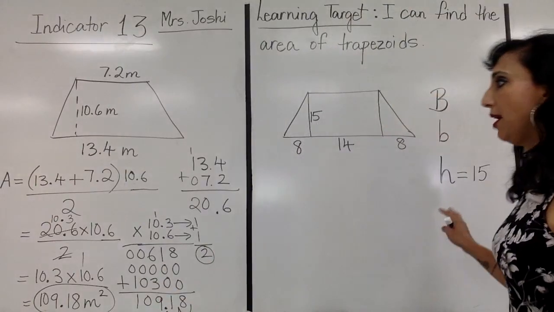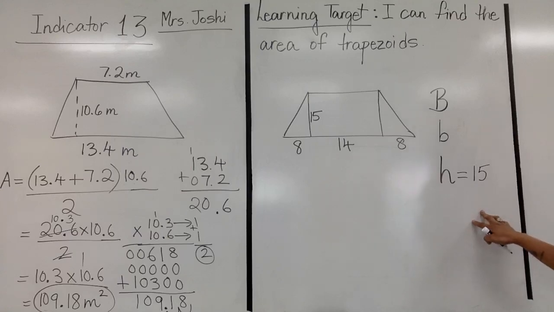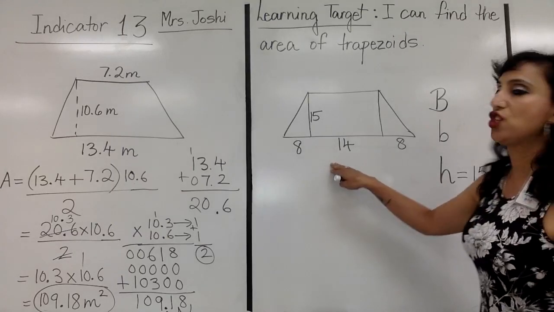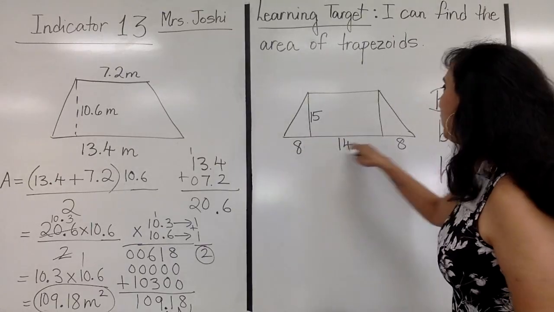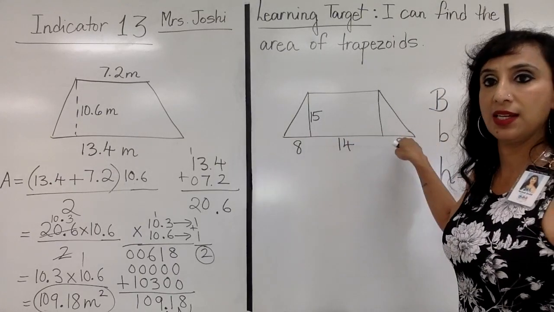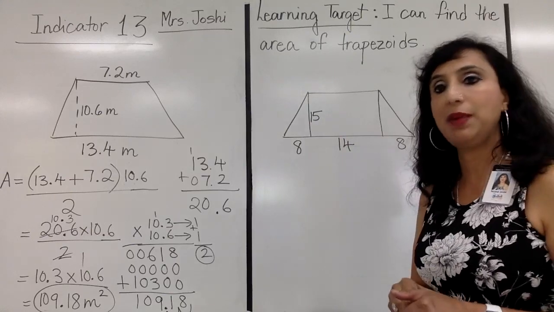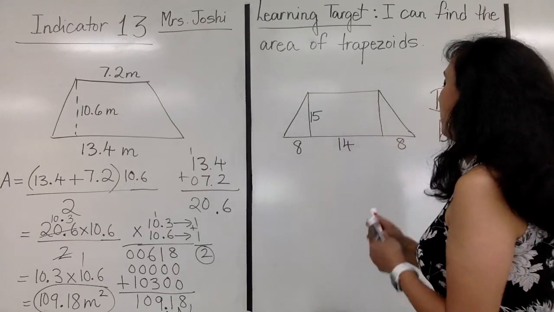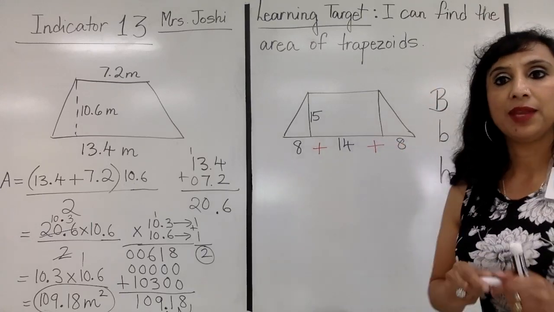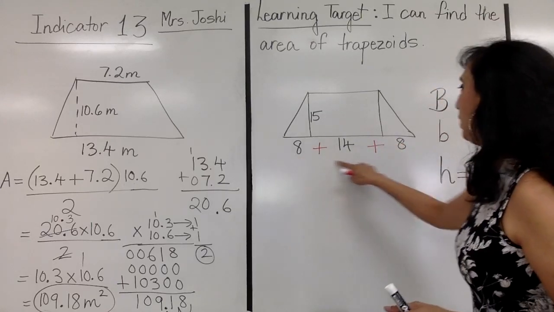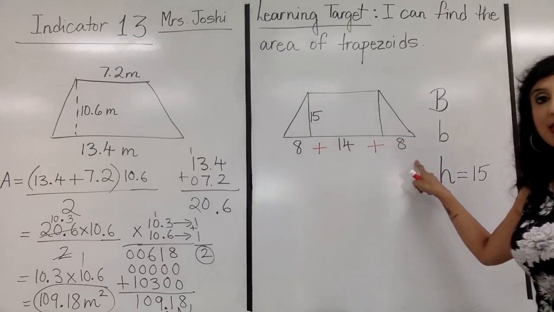Now, so I have this given to me. My big base is not just 14. Okay, this whole thing is the big base. So if the whole thing is a big base, all I'm doing is adding this and adding this in order to give me the whole thing, the big base.